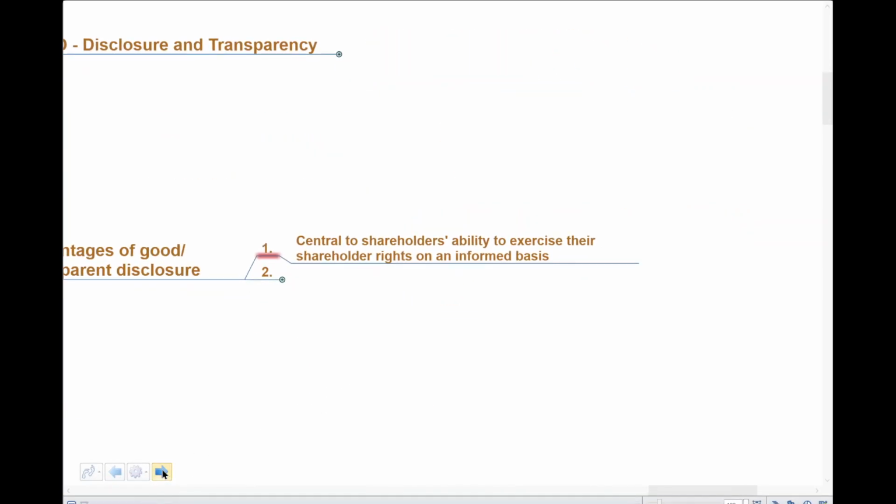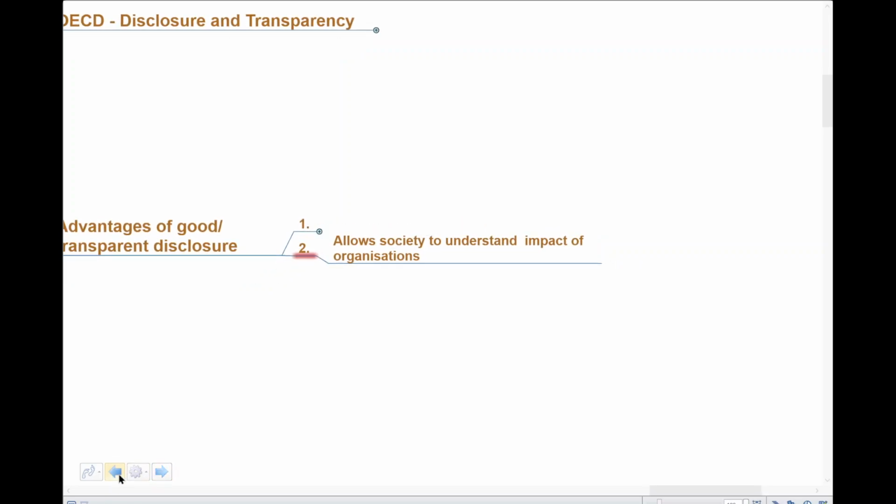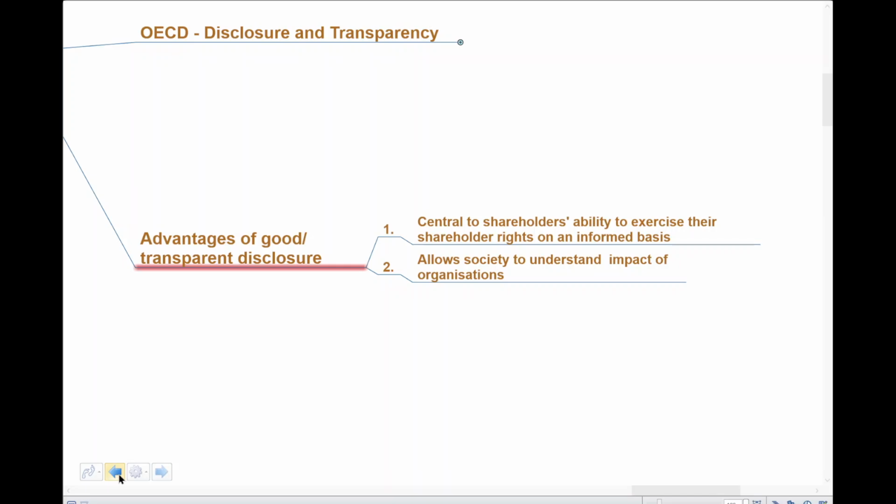Let me just go back one bit. In terms of the advantages, outside of what I've just said and the guidance from the OECD, there are clearly a number of advantages to good disclosure, or transparent, open disclosure.